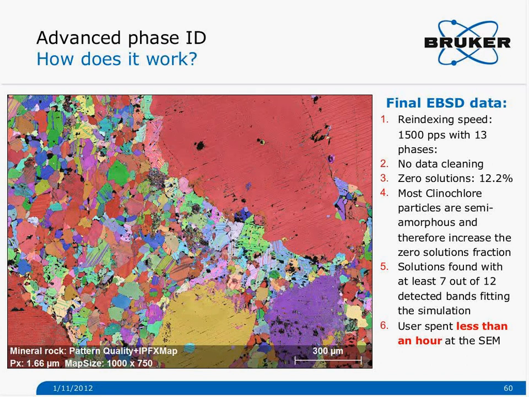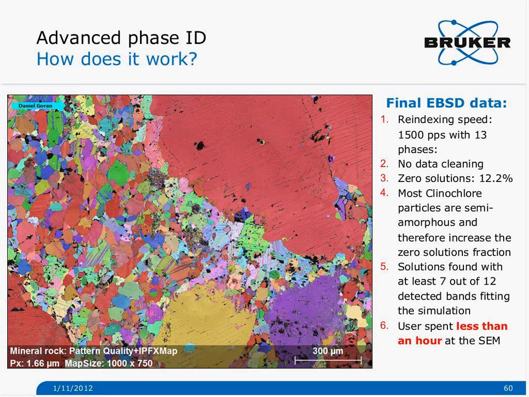There is no data cleaning done. The zero solution is about 12%, and within the zero solution, you have the holes and cracks, fractures from this natural rock, and also some due to the clinochlore semi-amorphous phase.